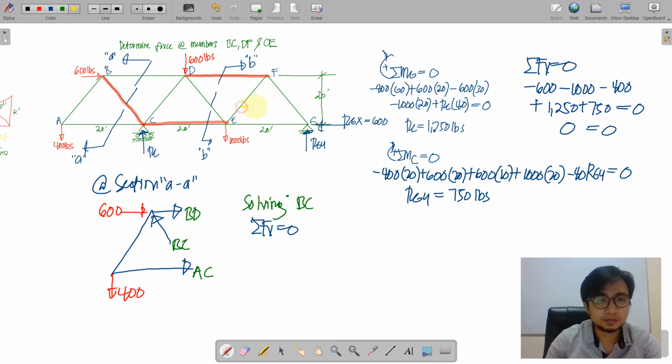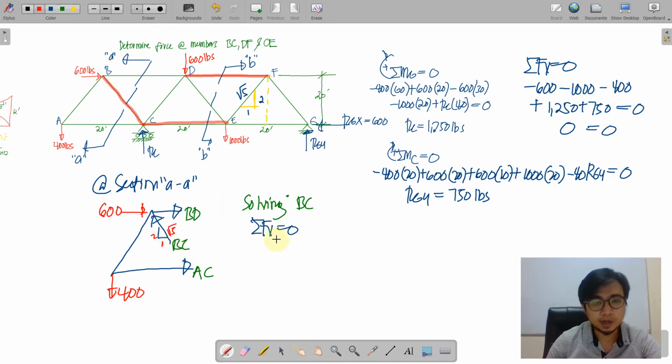If this is 20, this should include the half of this, so therefore this is 10, 20. In short, we will be dealing with one horizontal and two vertical, and the other will be square root of 5. Having that, we'll just place it here.